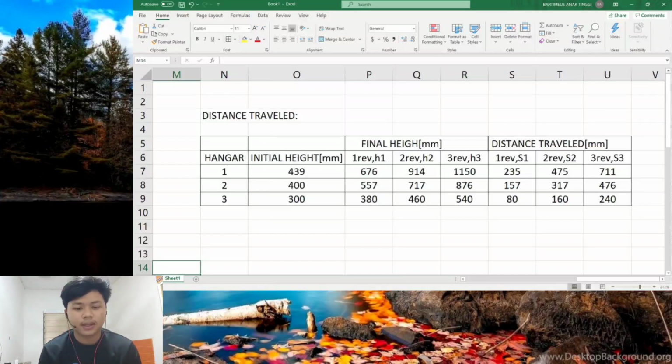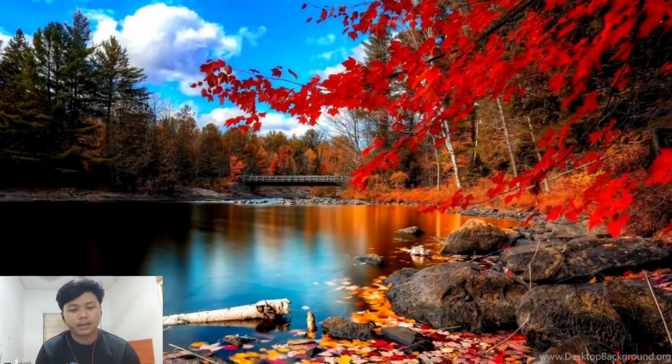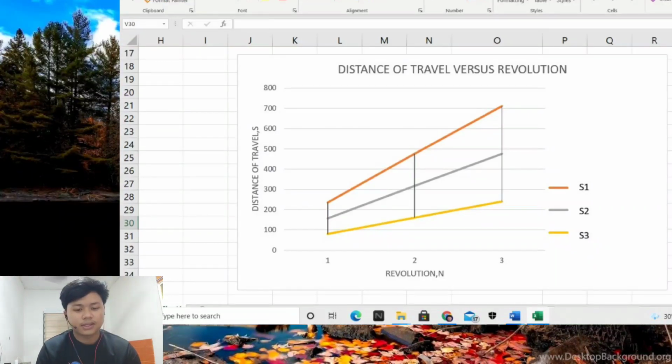For the last one, hanger 3, the first revolution value is 80 millimeter, the second revolution is 160, and the last, revolution 3, is 240. And as you can see, I have done the graph of distance of travel versus revolution.